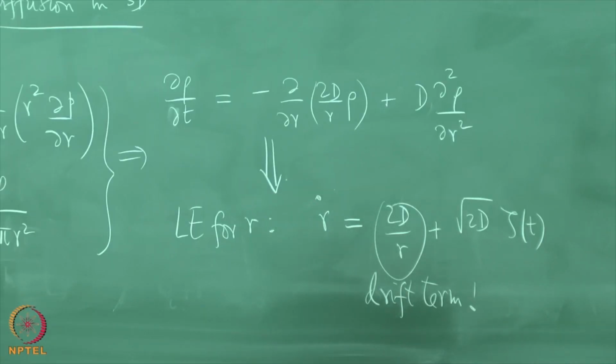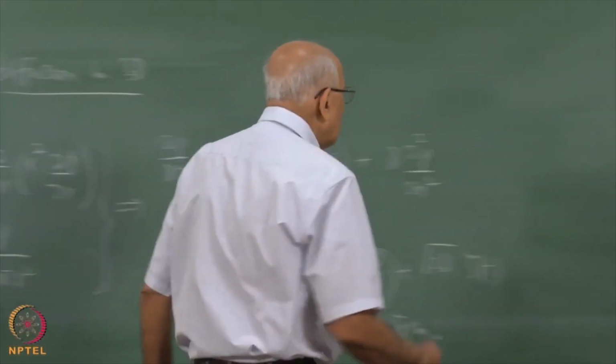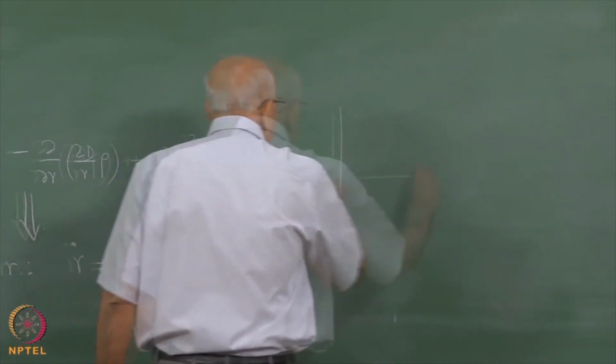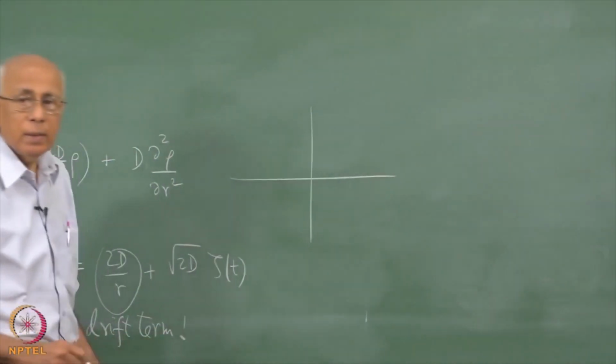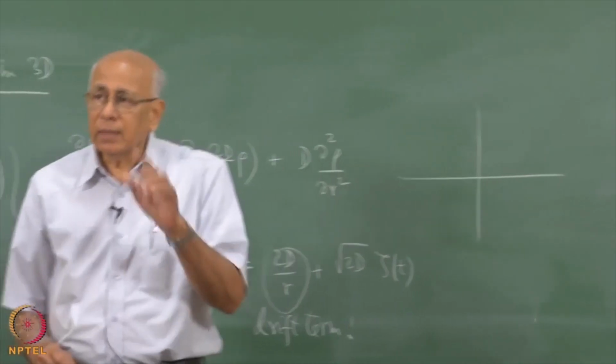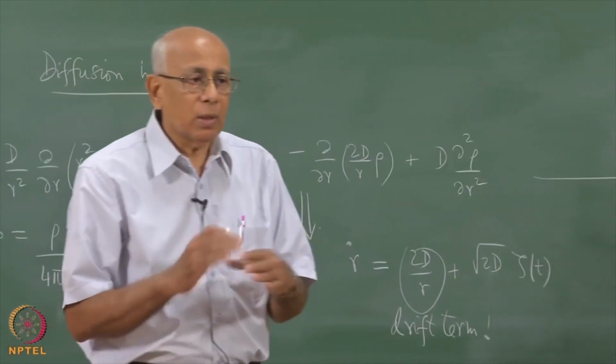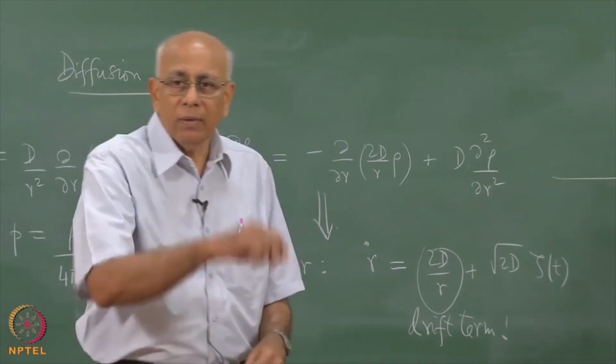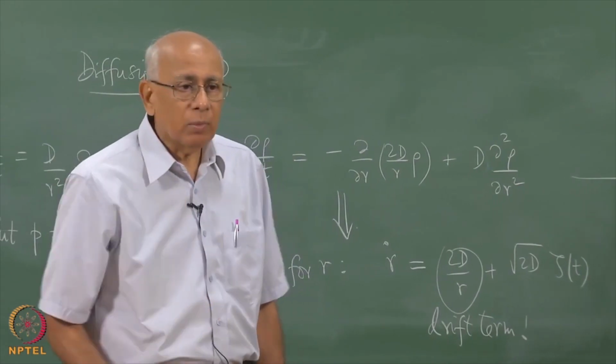This means that if you do it in 2 dimensions, you will see this immediately in the xy plane. This is like 2 Brownian motions composed. In the x and y directions the forces are uncorrelated to each other, and you have a particle doing Brownian motion.